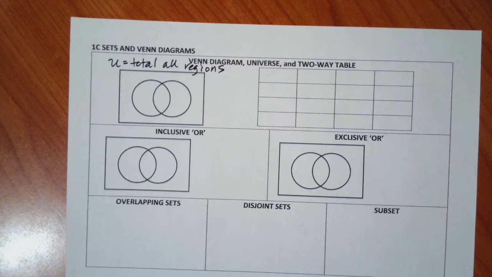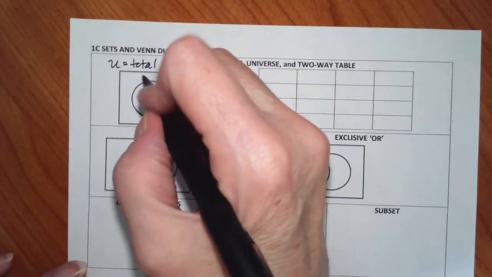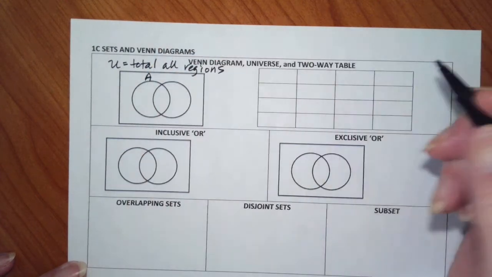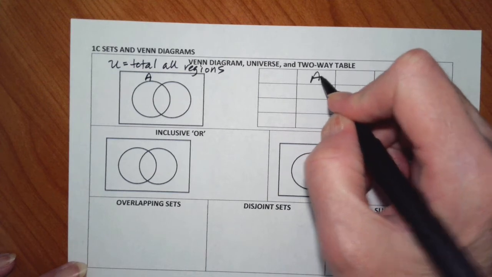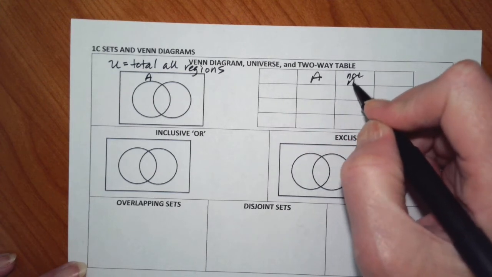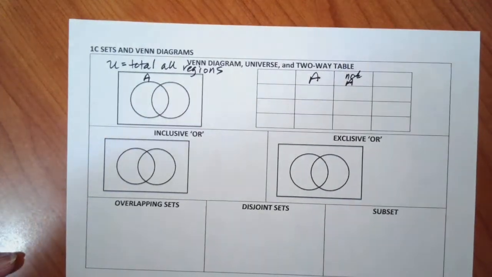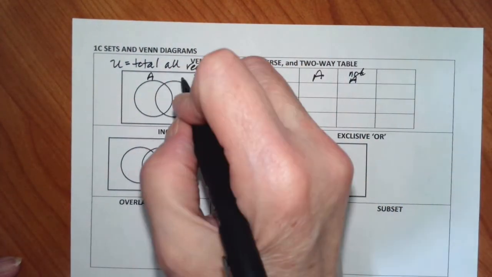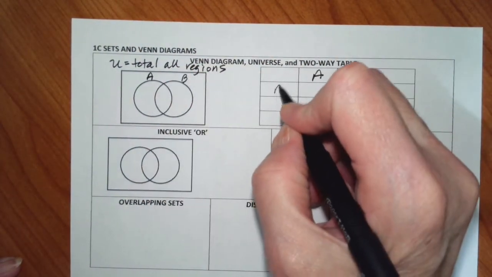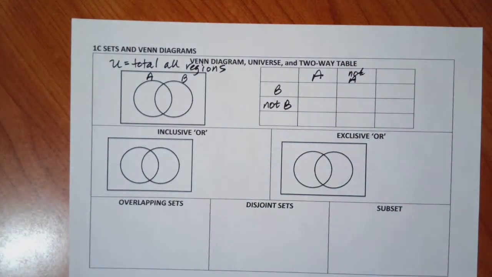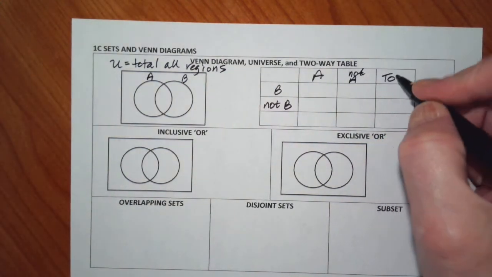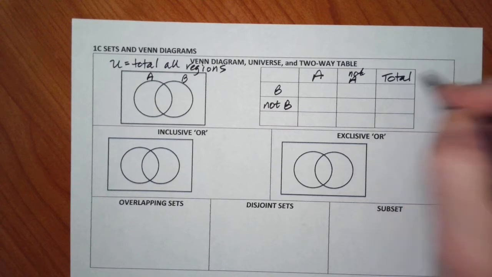I'm just going to call this one A. So on my two-way table, this would be A, and then this would be not A. And we'll call this one B, and this would be not B. Then, of course, this is the total.